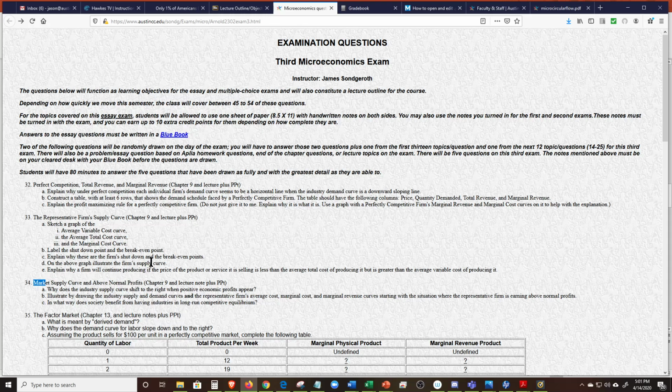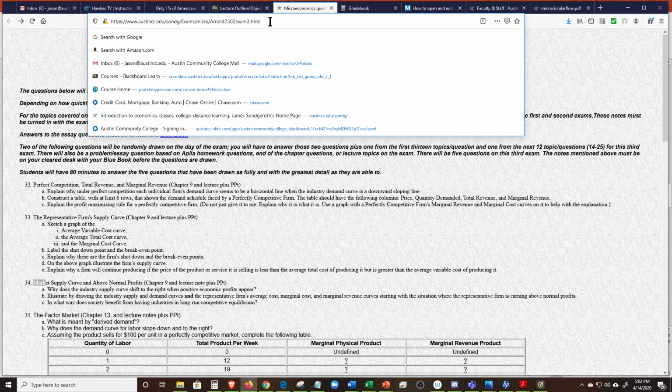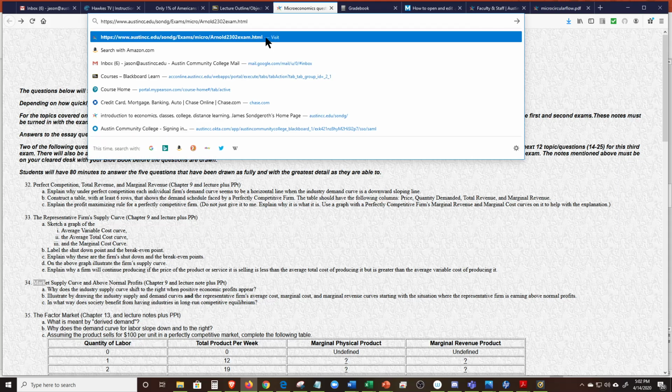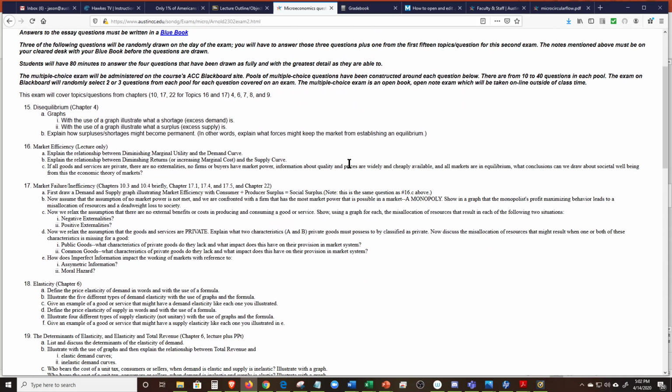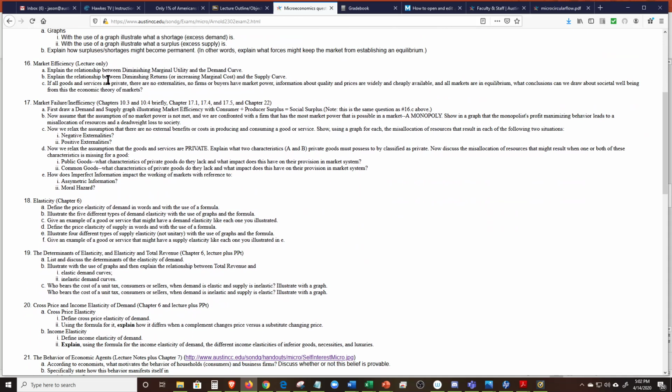Once we conclude topic 34, by the way, let's go back and take a look at exam 2. Topic 2, here we go. Actually, right here on market efficiency, that's where we're going to end up: with perfect competition, there's allocative and productive efficiency.